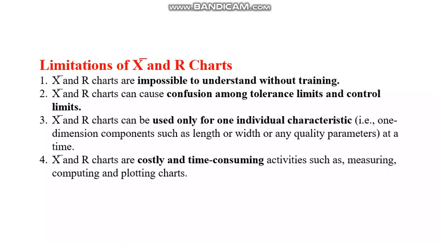This is another disadvantage. The third one is that Xbar and R charts can be used only for one individual characteristic at a time. There can be a number of quality characteristics for a workpiece. Suppose we want diameter and we want length also; for these two, we have to plot two different sets of control charts.